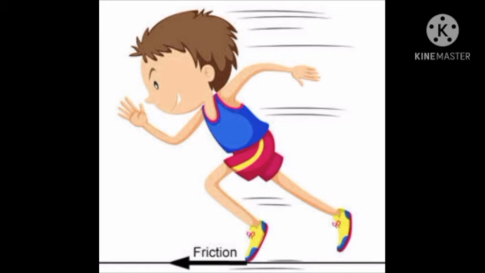So basically it is possible for us to walk on the ground only because of the force of friction. If there is no friction, we would slip and fall. For example, we are very likely to slip while walking on an oily or wet floor. Why? Because the friction is less. But if you are walking or running on a platform or a proper road, then it is very easy.